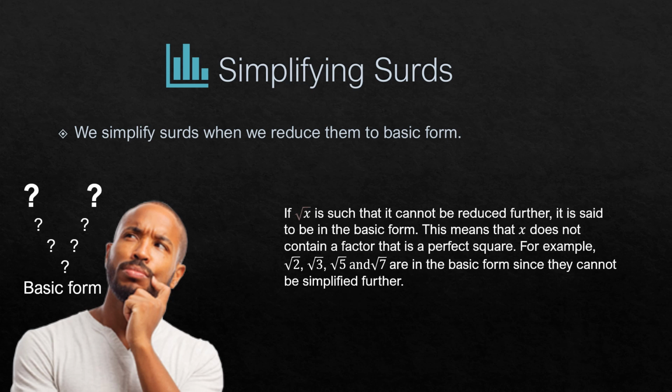This means that the variable x does not contain any factor that is a perfect square. For example, the square root of 2, the square root of 3, the square root of 5, the square root of 7 do not contain any factors that are perfect squares, right? So they are in the basic form. Why? They cannot be simplified further.